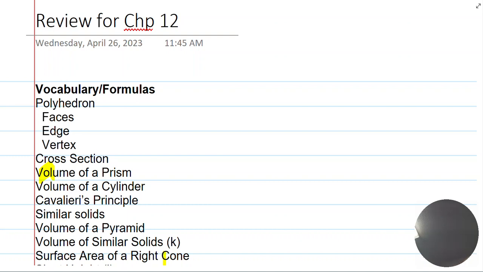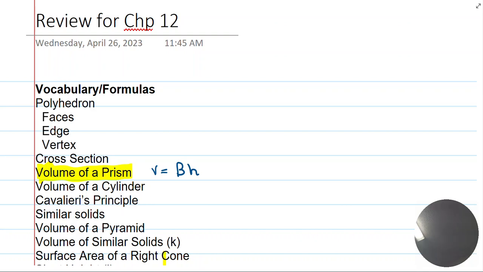But the main things are the volume of a prism, and that is volume equal to the big base times the height. And the base can be a bunch of things. It can be a trapezoid, a rectangle, all those things except a circle.